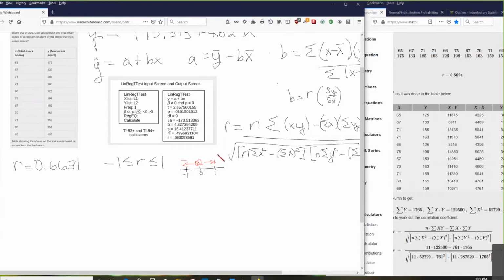A positive means it's going to go to the right, negative means it's going to go to the left, and that's the slope of the line. The sign of the coefficient is always going to be the same sign as your slope. So if I have a negative R, we're also going to have a negative B, or a negative slope, and a negative correlation.